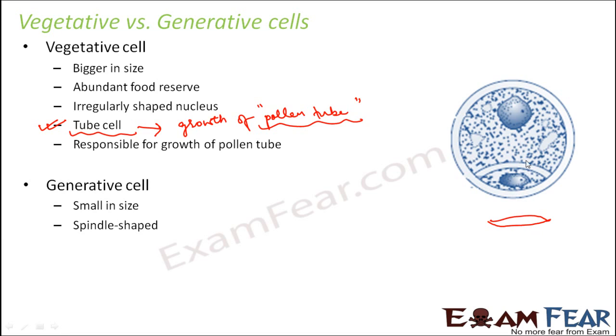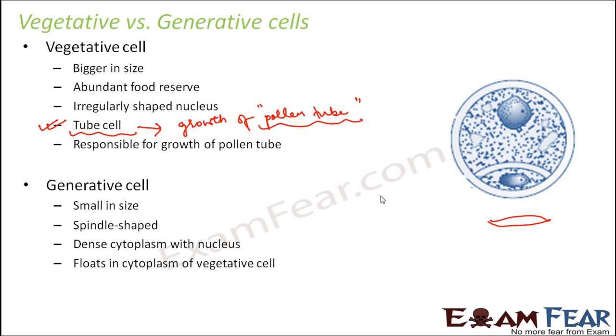It has a dense cytoplasm with a distinct nucleus. It floats in the cytoplasm of the vegetative cell. That is quite obvious because the vegetative cell engulfs it, so it is obviously inside the vegetative cell.